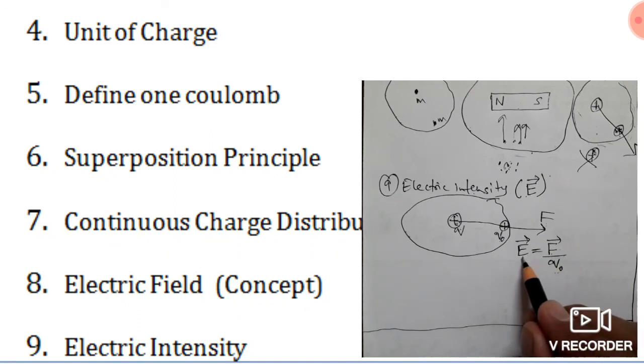So what will be the SI unit of electric intensity? We know that the unit of force is Newton and the unit of charge is Coulomb.